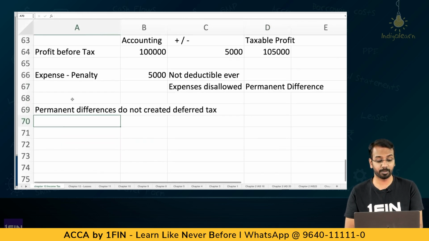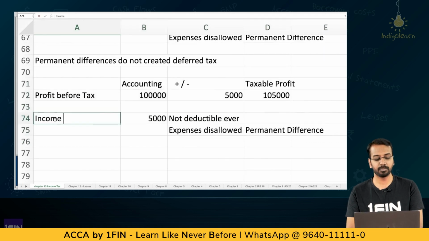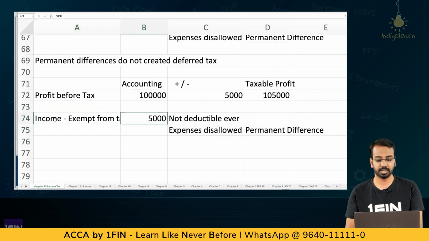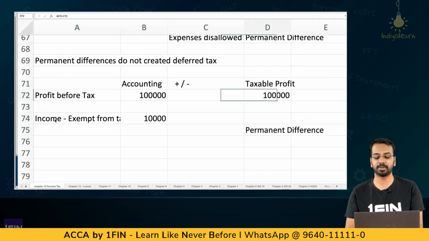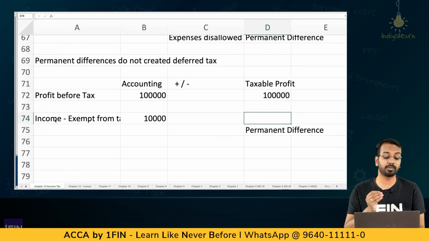Now another example could be, these are independent examples. Okay, there is an income which is exempt from tax. Say there is 10,000 of income exempt from tax. Now exempt from tax means there is no tax implication. You don't need to pay tax on this exempt income, though you will say it's a profit, but you will not pay taxes.